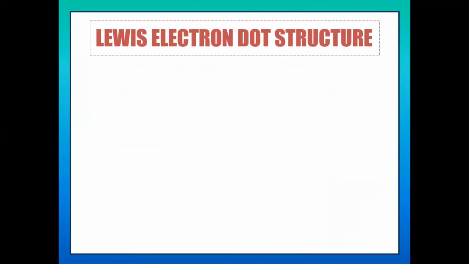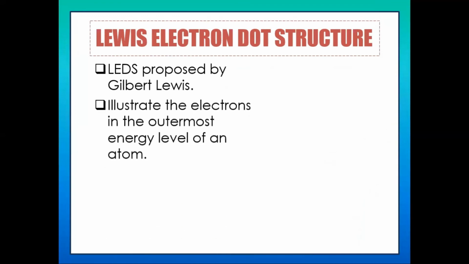Now, another concept that I want you to focus on is the Lewis electron dot structure. In this case, it was proposed by Gilbert Lewis, and this will allow you to illustrate the electrons in the outermost energy level of an atom. So that is the valence electron, the electrons found in the outermost energy level.